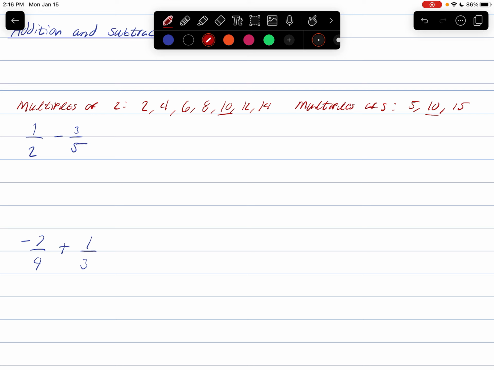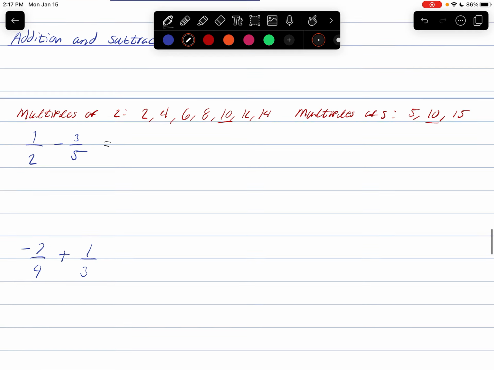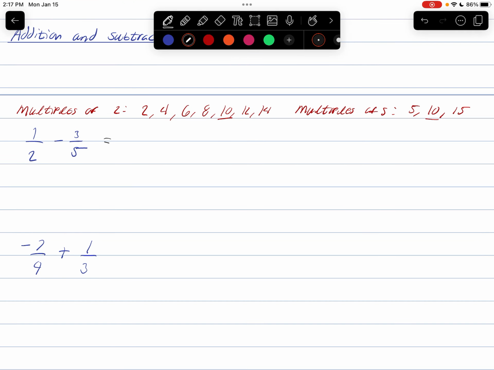But in fact, we actually have a slightly faster way of finding a least common denominator. We are able to do something called cross multiplication. Okay, and what this is, we are able to multiply the number on the right side of our operation here by the denominator on the left-hand side over itself.